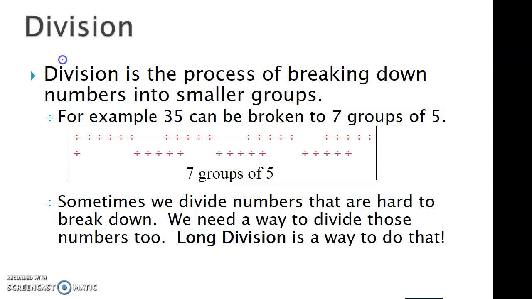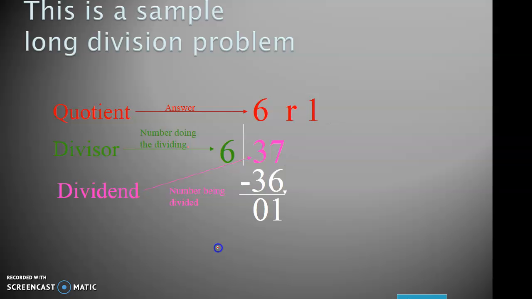In order to divide numbers, why are we dividing? We are dividing in order to break down numbers into smaller groups. We need a way now to divide these numbers. Which way? Look at this way.